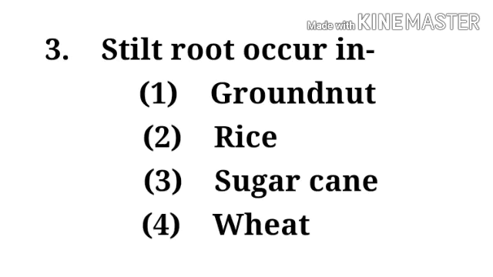Then question number 3: stilt roots occur in. Actually, what are stilt roots? The stilt roots are developed on the weak monocotyledonous stem at the lower nodes, the first node just near and above the soil, and these are developed to support the plant because the stem is weak.